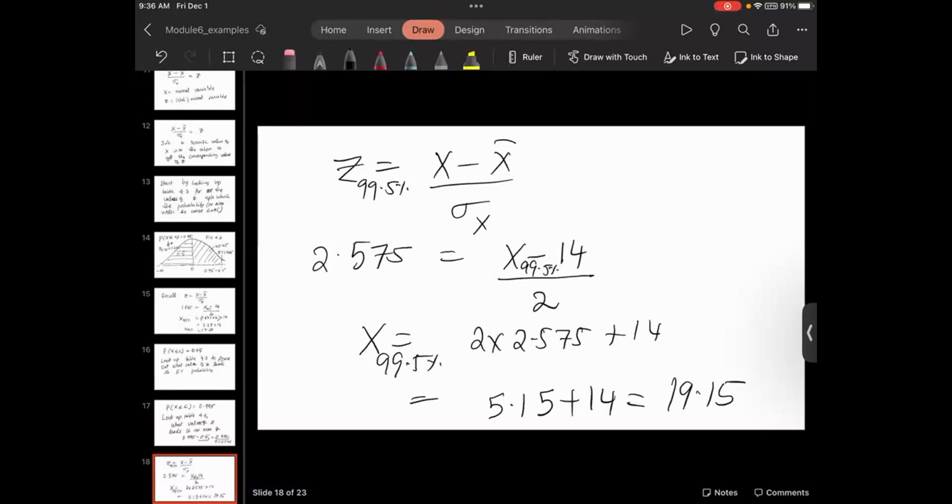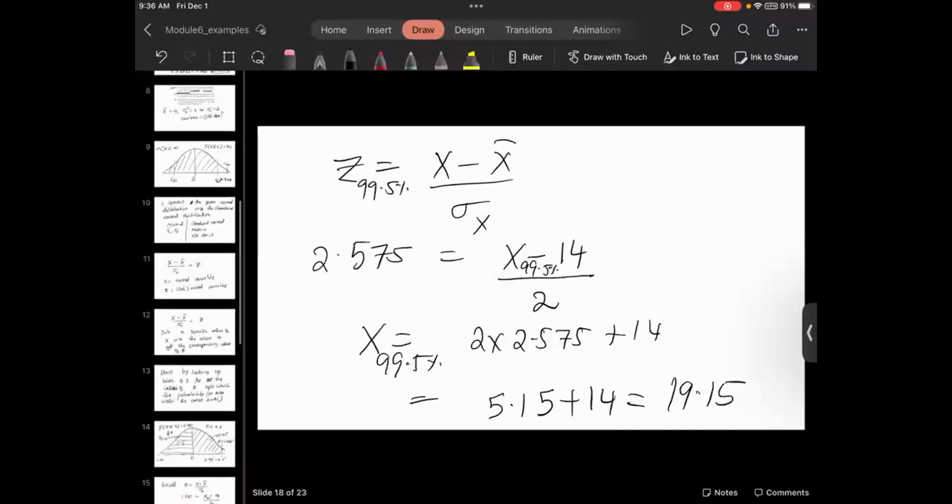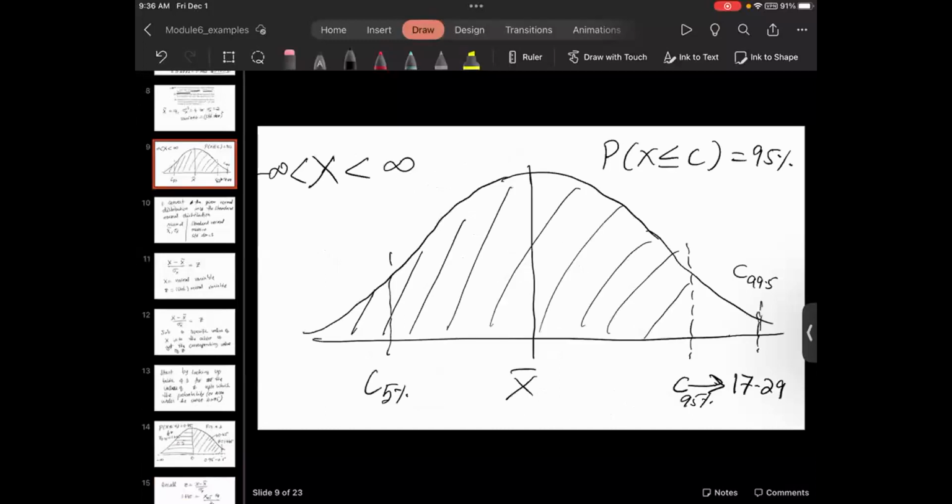19.15. If you put it on the picture, it will make sense because the mean is 14. If you want a value that has 95% of the probability, then 17.29 is that value. And if you want 99.5%, that is 19.15, even further out. Recall that the standard deviation is only 2.